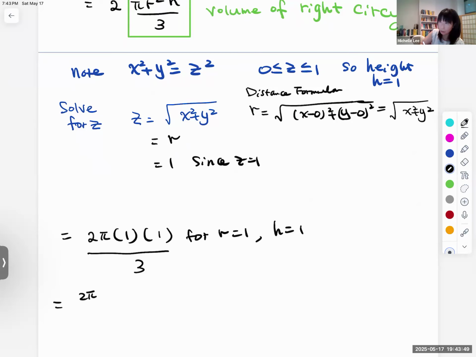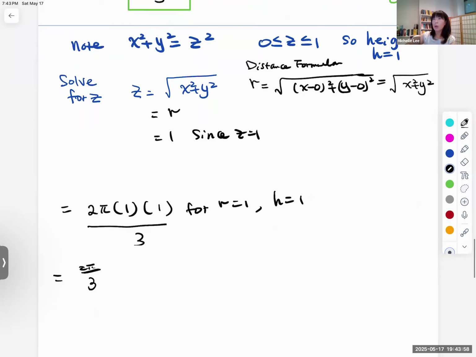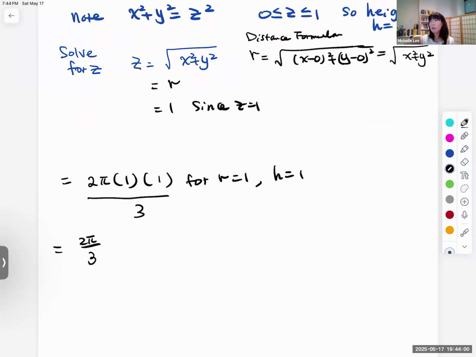So 2 pi over 3 is the volume. If we are using surface integral, then we have to make two parts, so it's a lot of work. The textbook has one, so if you are curious, please read that.